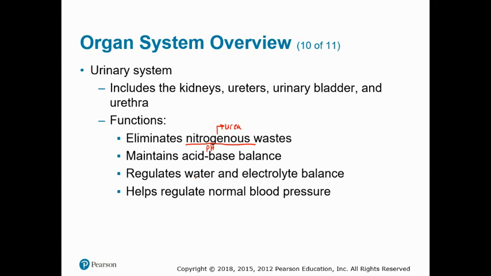It helps regulate our water, so if we have too much water in our body, it helps get rid of that. If we need more water in our body, it helps keep that back. It also is important for electrolyte balance, so if you've ever had to drink Gatorade or Powerade, electrolytes are very important for our body in order to perform its functions. And then it also helps regulate normal blood pressure.